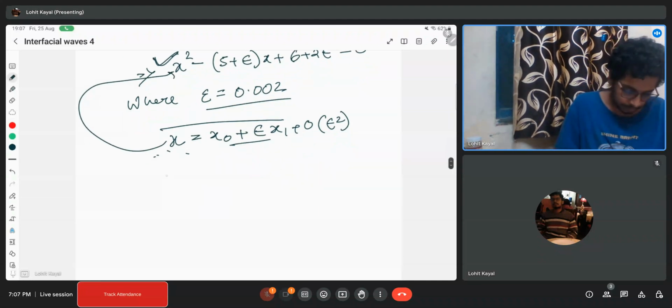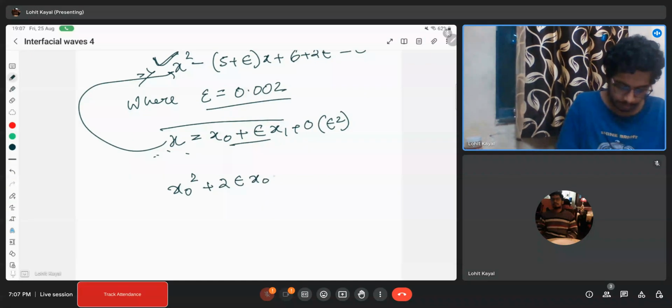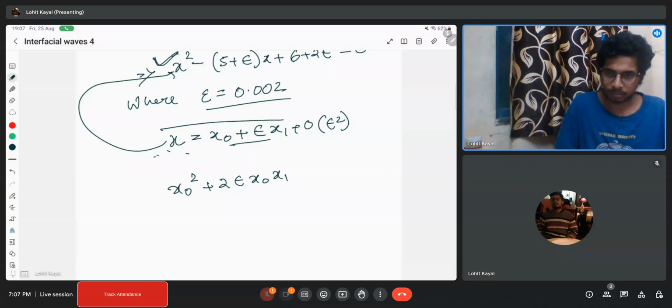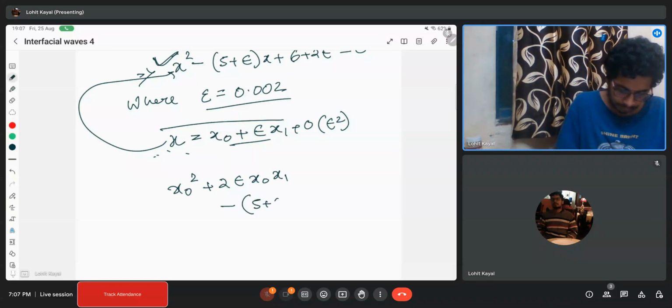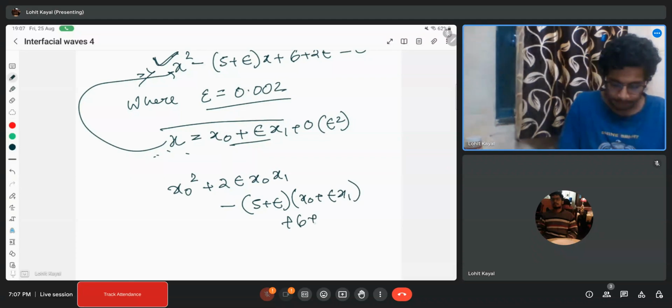If I do the substitution, I will get x naught square plus 2 epsilon x naught x1. Remember that we are not interested in the order epsilon square terms. Minus (5 plus epsilon) times (x naught plus epsilon x1) plus 6 plus 2 epsilon equal to 0.